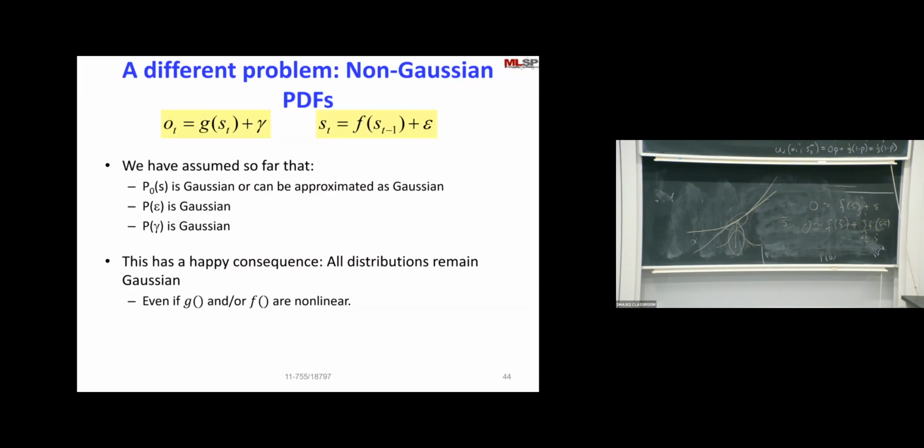We've assumed so far that the initial state distribution is Gaussian. We've assumed that the probability distribution of the state driving term, epsilon, is Gaussian. And we've assumed that the noise in the observation is also Gaussian.